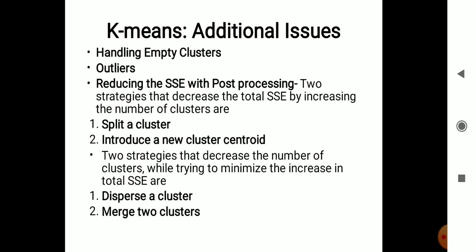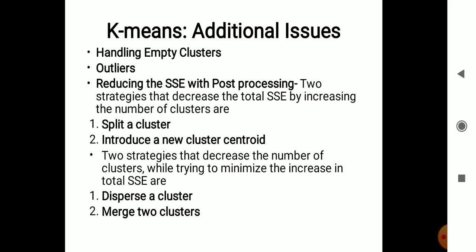The second issue you have to identify here is outliers. When the squared error criterion is used, outliers can easily influence the clusters that are found. In particular, when outliers are present, the resulting cluster centroids may not be as representative as they should be, that is, the SSE will be higher.